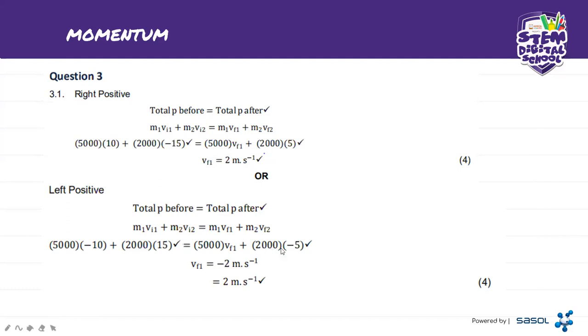It would change this sign here, and it would change this sign here. And in this case, it would still give us 2 meters per second, -1, to the left.